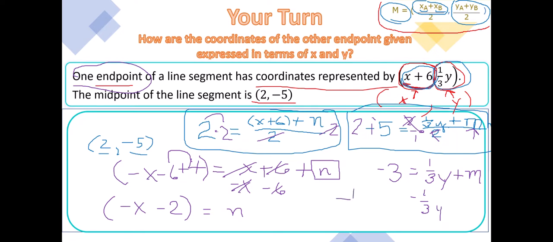And we have a variable here, negative 1/3 y, so we can't combine it with the negative 3. We just have to write it as that expression. But over here, these two things cancel out. That's 0. So we're left with negative 1/3 y minus 3 is equal to m.